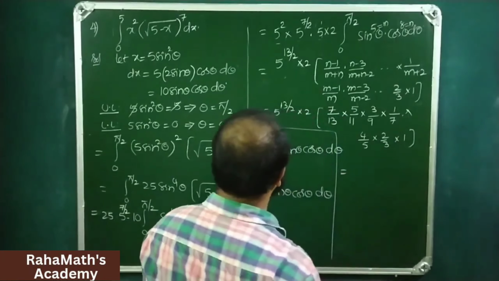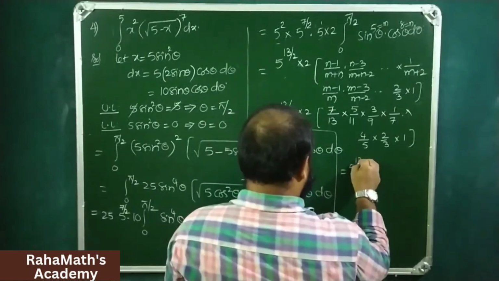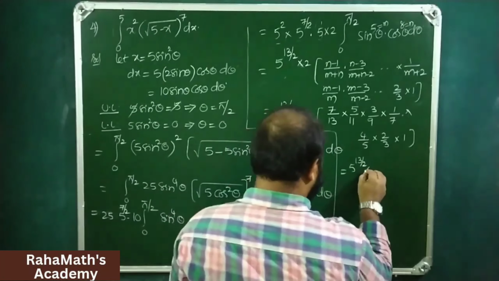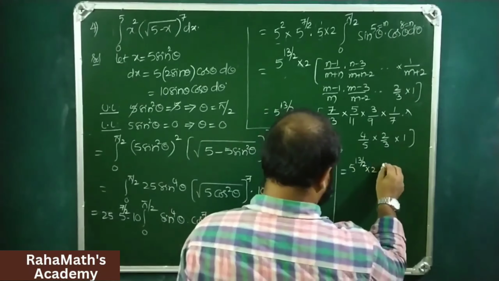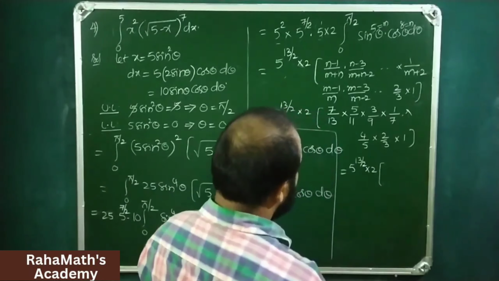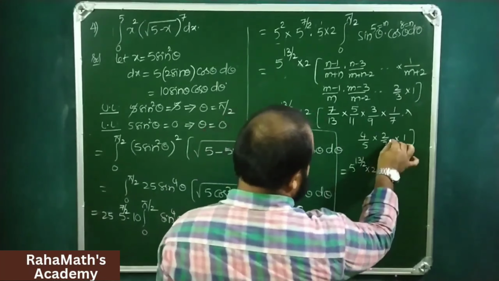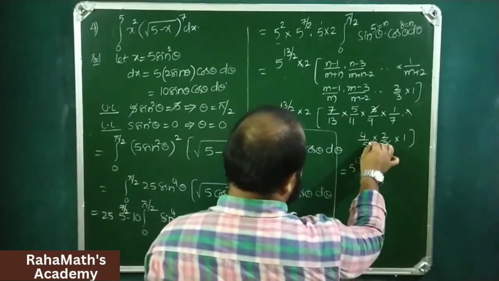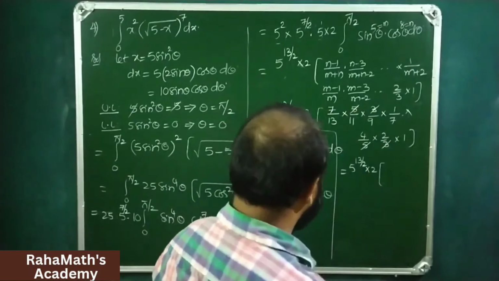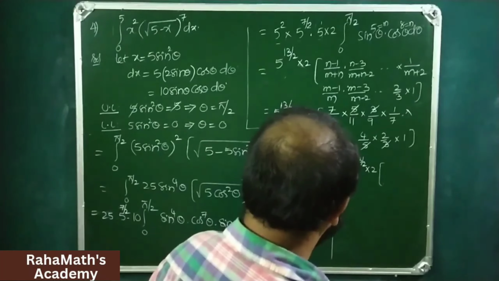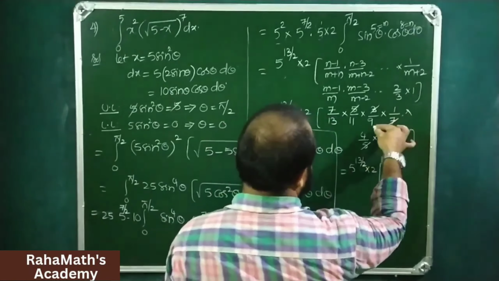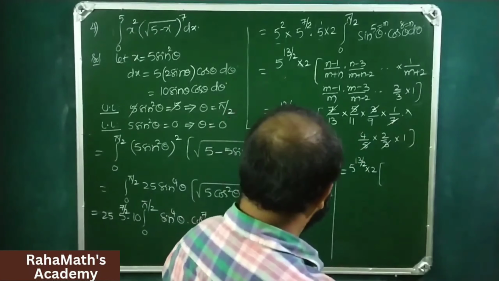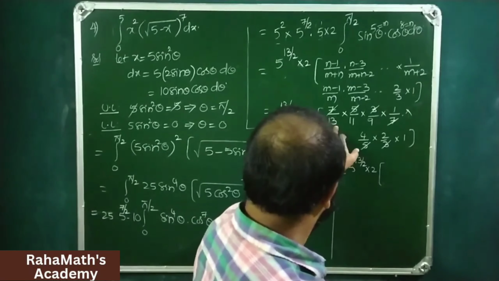This is equals to 5 power 13 by 2 into 2, into now this 3 gets cancelled, 5 gets cancelled, and 7 gets cancelled. So that's it.